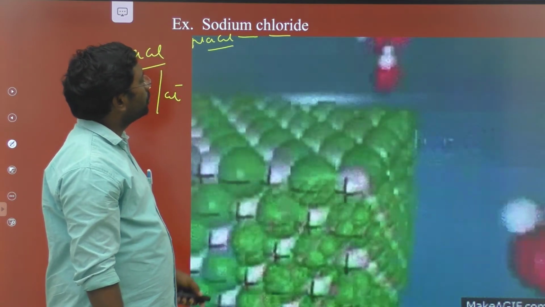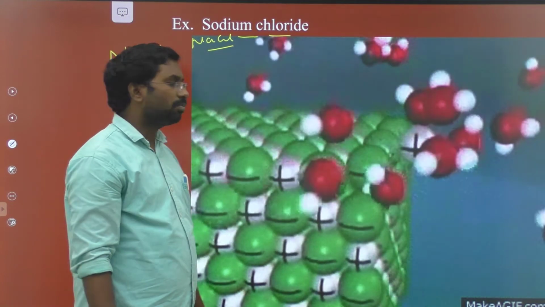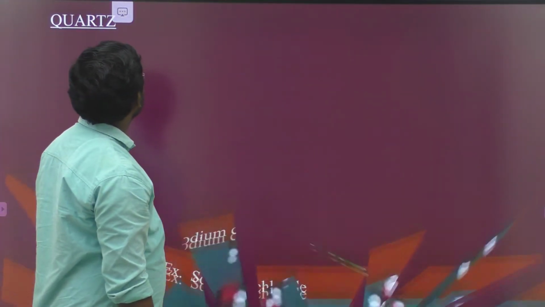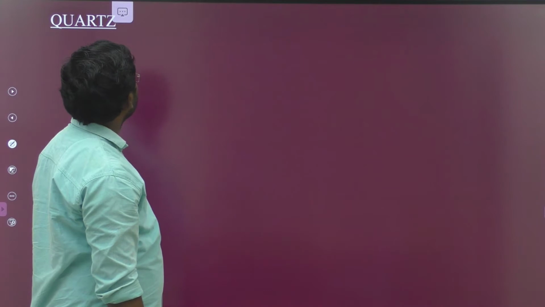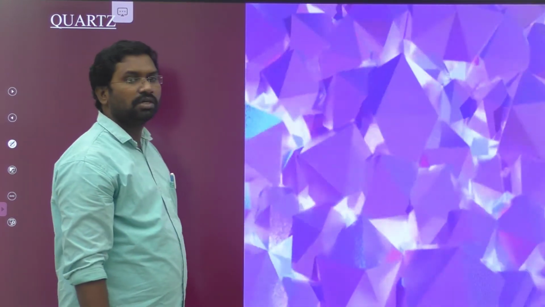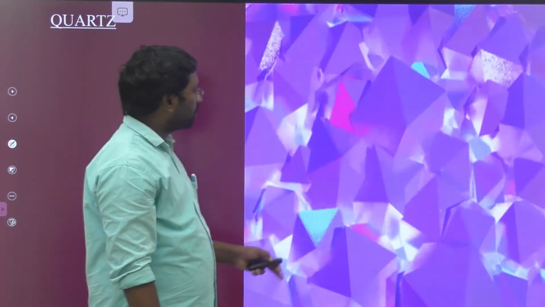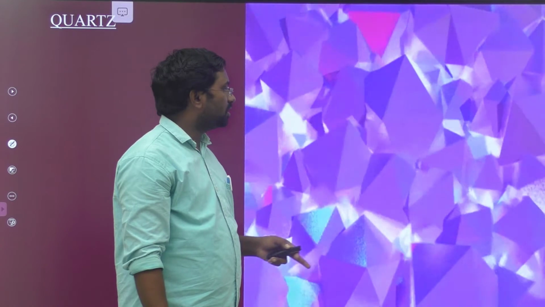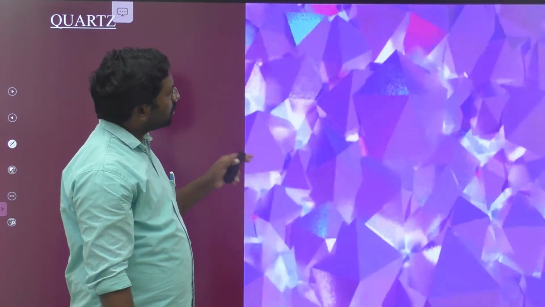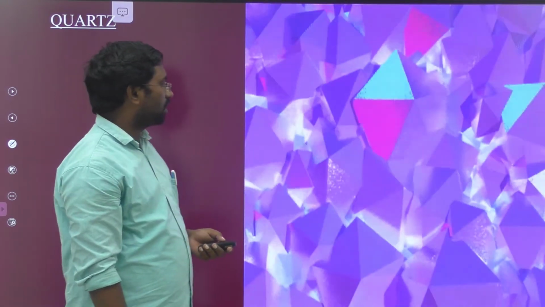This is the three-dimensional structure of sodium chloride, the best example of a crystalline solid. The next example is quartz. Looking at this image, the quartz particles are also arranged in a regular pattern and have a definite shape. So quartz is also a best example of a crystalline solid.